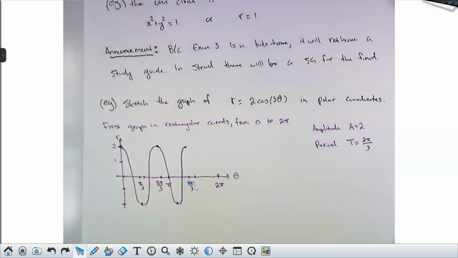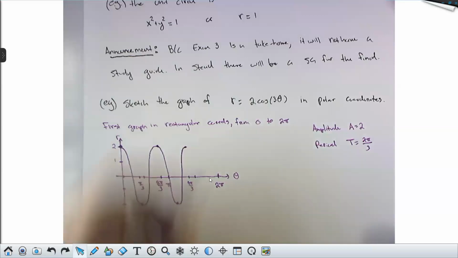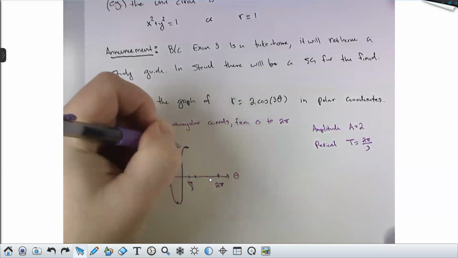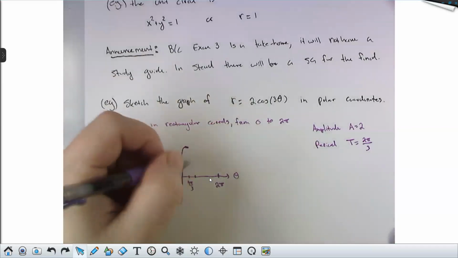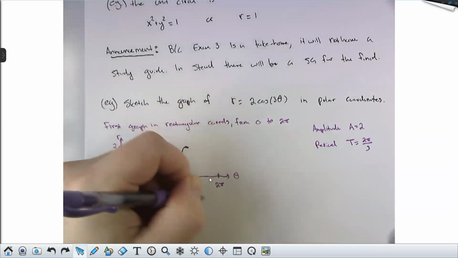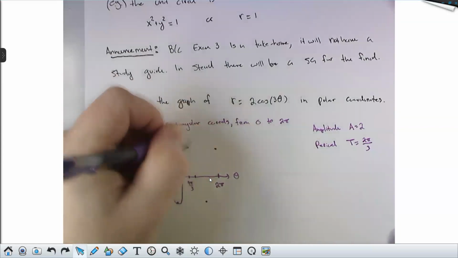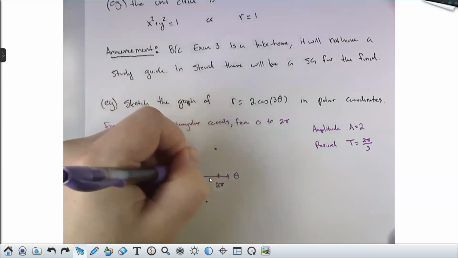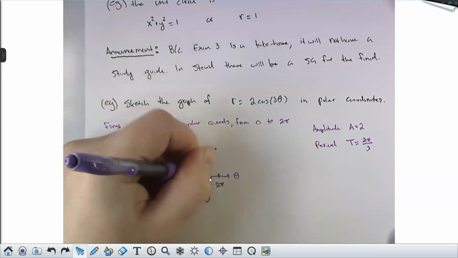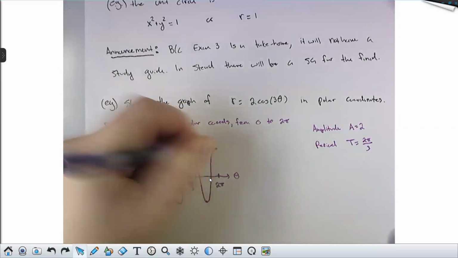And then if I add another 2 pi over 3 to this, I'll get 6 pi over 3, which is 2 pi. So we've got one more full cycle that we're going to run through. And so halfway-ish back here, and then all the way back up here. Okay.